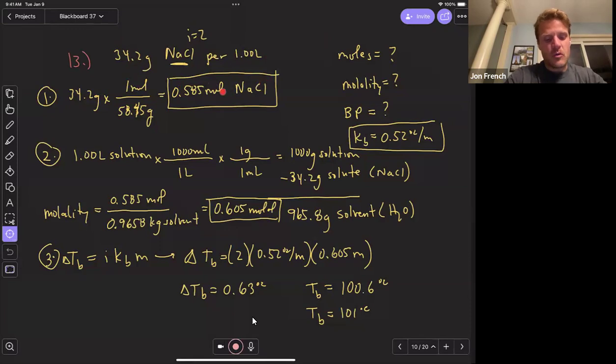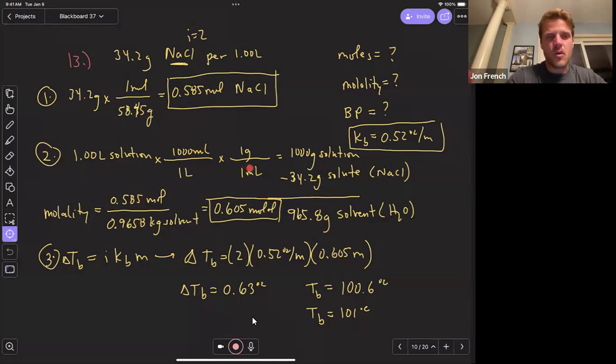Many people are putting this same answer for the molality. They're saying it's the exact same thing. It is not the exact same thing, because molality is moles per kilogram of solvent only, not the total solution. I've got 1 liter of solution. And here's where I'm making an assumption that the density of this is the same as water.